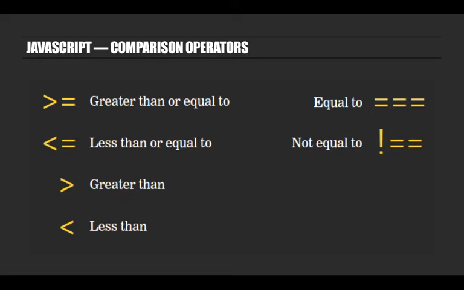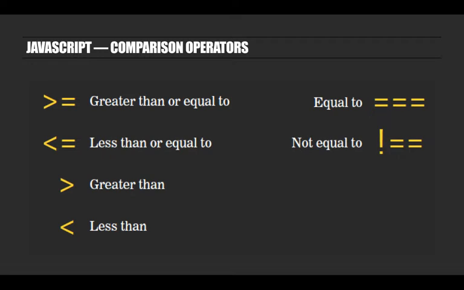So these are comparison operators. With comparison operators, you can check to see if something is greater than or equal to, or just greater than, or less than or equal to, or you can check if it's equal to or not equal to something.